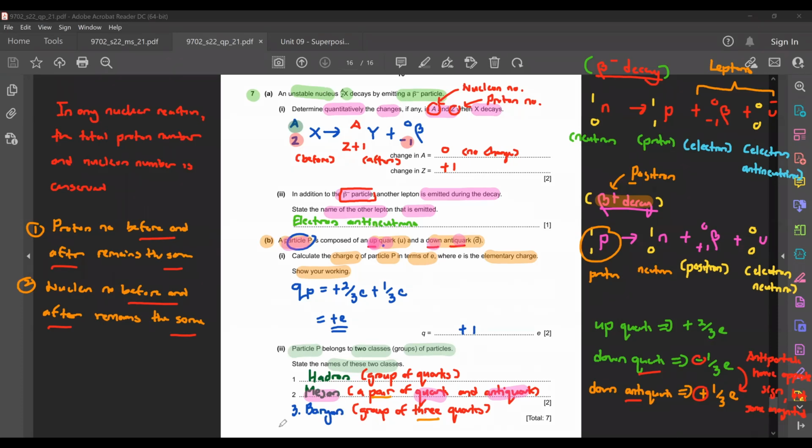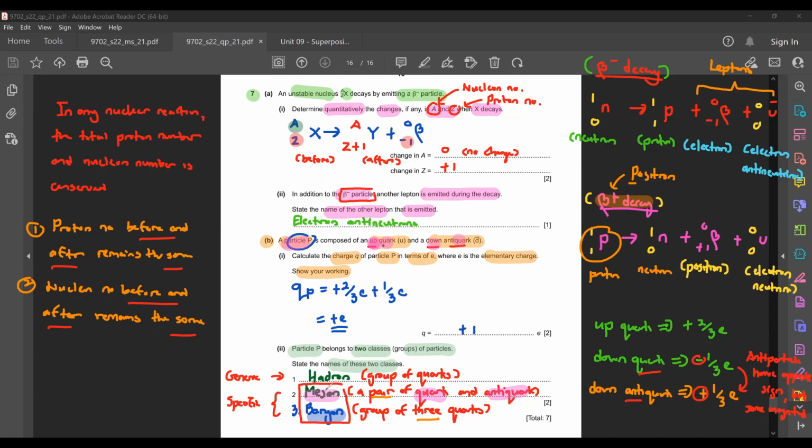Okay, so all these terms here actually relate to groups of particles. Hadron is a more generic name for a group of particles. Meson and baryon are more specific in terms of the number of quarks involved and whether they are quarks or antiquarks. Now, lately, from 2022 onwards, they have started to test you particularly on these two terms.